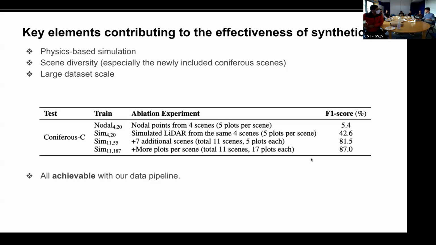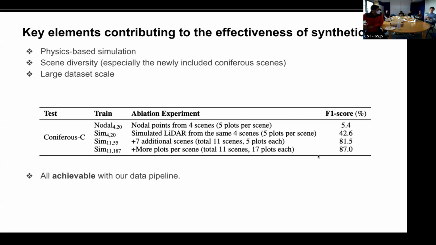And when you have more data based on the existing scenes, it will also increase the performance. But it seems that the most significant gains are obtained from the first and second part.